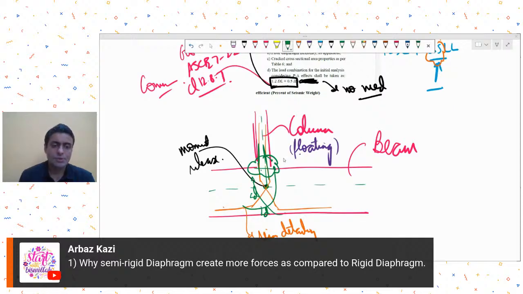Okay, so therefore you will see that when you give semi-rigid diaphragms, you see some additional forces that were not there when you had given it as a rigid assignment.